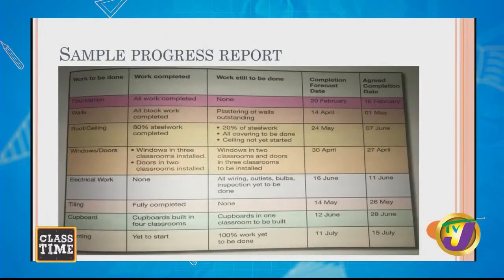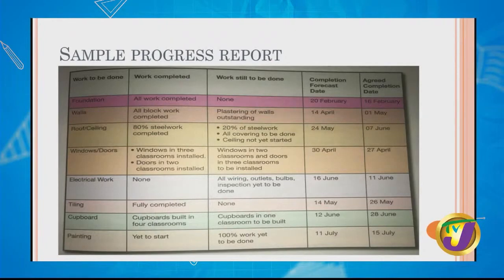And here we have a sample of a progress report. Now, as I said to you, there's no hard and fast rule as to how to create your progress report, but some persons have a template for how to construct their progress report. If there's none, you construct it the best way that the person would be able to understand.